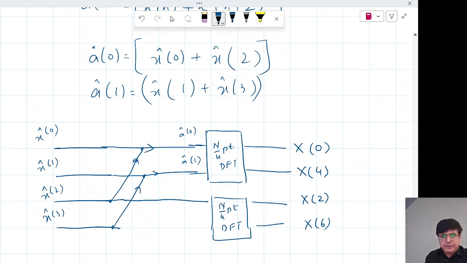Similarly, I need to get b hat of 0 and b hat of 1. So b hat of 0 is going to be just this guy, and from here I just subtract this guy. Similarly, b hat of 1 is going to be just this guy, and from here I subtract this guy.